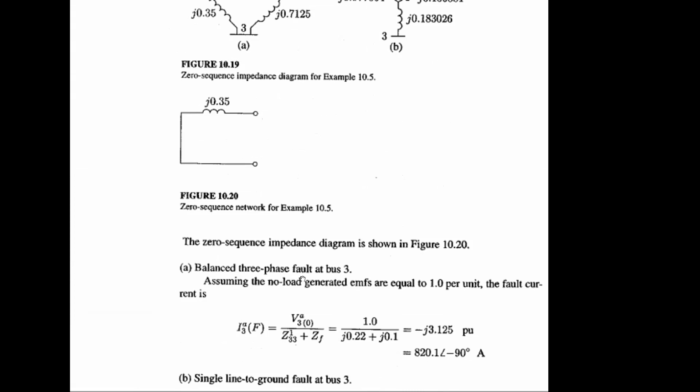It might be balanced three-phase fault. For that, Ia will be V over Z33 plus ZF. Here you can see Z33 with subscript 1. How can you interpret that notation? This is for fault bus at 3 in terms of positive sequence component, right?